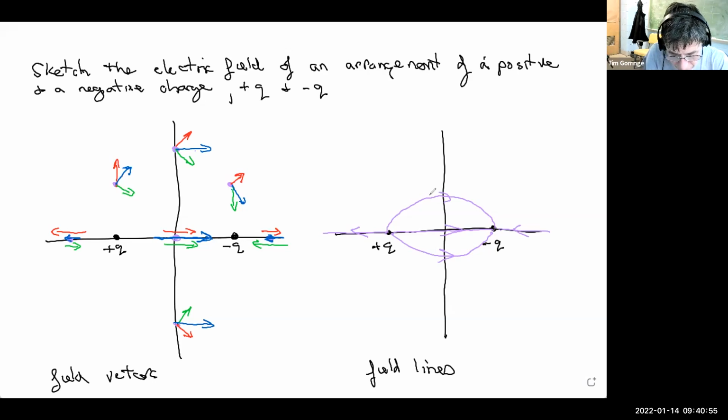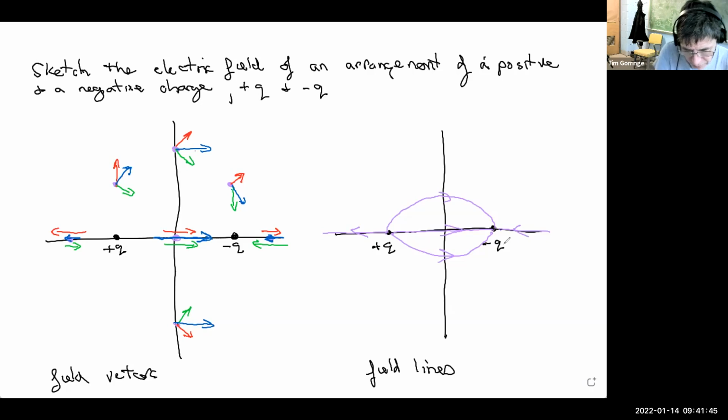If I'm on the left-hand side of the vertical line, above the axis, the field is going upwards. And if I'm on the right-hand side of the vertical line, then above the axis, the field is coming downwards towards the negative charge. And kind of the mirror is true below the axis. The field lines are coming out of the positive charge, straightening to go left to right, and then returning to the negative charge.